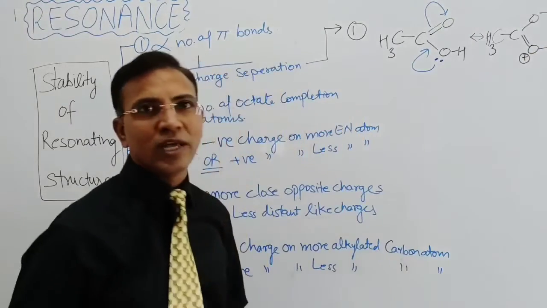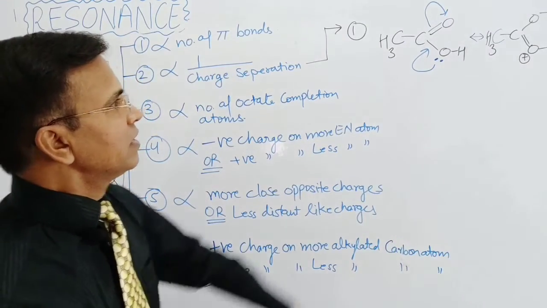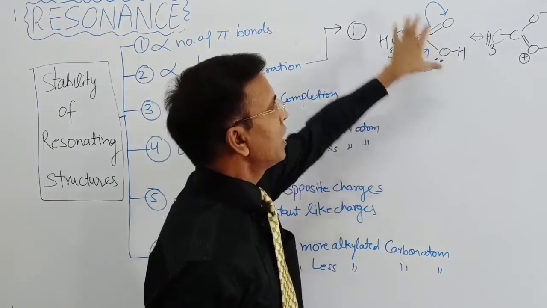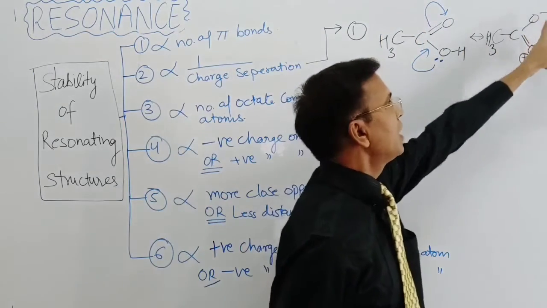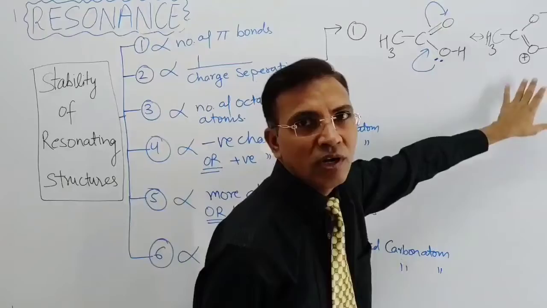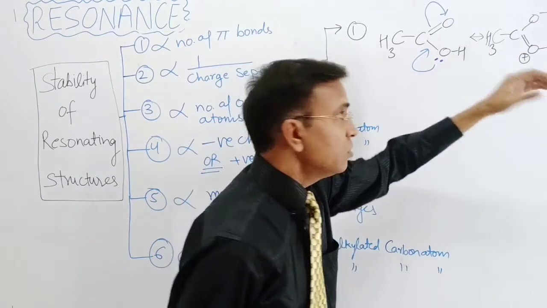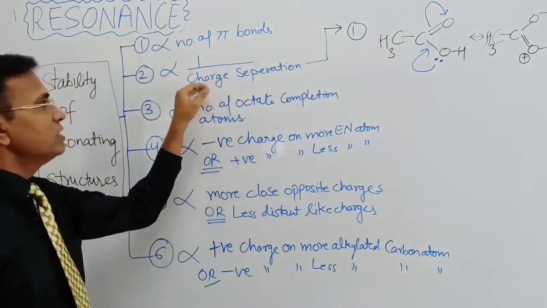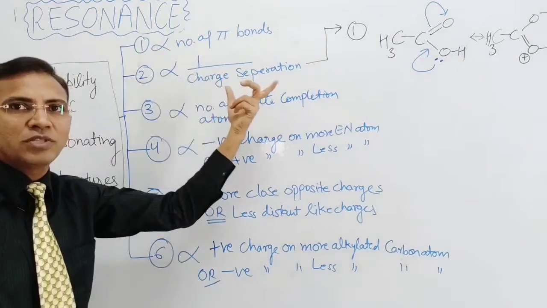So beta, in these two resonating structures you may clearly observe that here neither kind of charge is present on the molecule, and here the charge is present on the molecule. Charge comes because of the delocalization of the pi electrons. So the second rule is 1 upon charge separation. That means reciprocal to the charge separation.